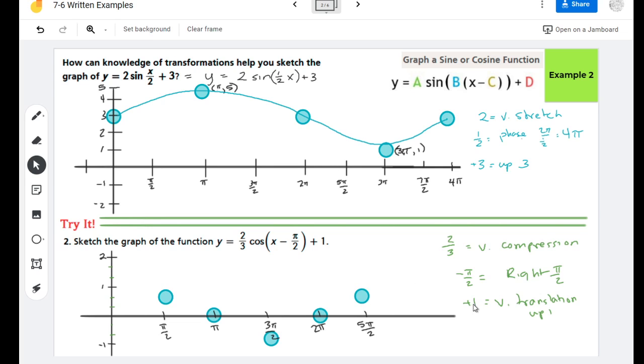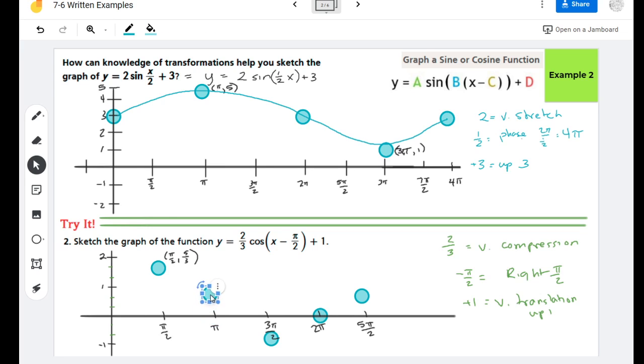And then it says plus 1, so translate up by 1. So now each of these is going to go up 1. This one's at 2/3, so now it's going to be at 1 2/3. And we're going to label that, or we're going to forget, y'all. So this is at pi over 2 and 1 2/3, or you can call it 5/3.